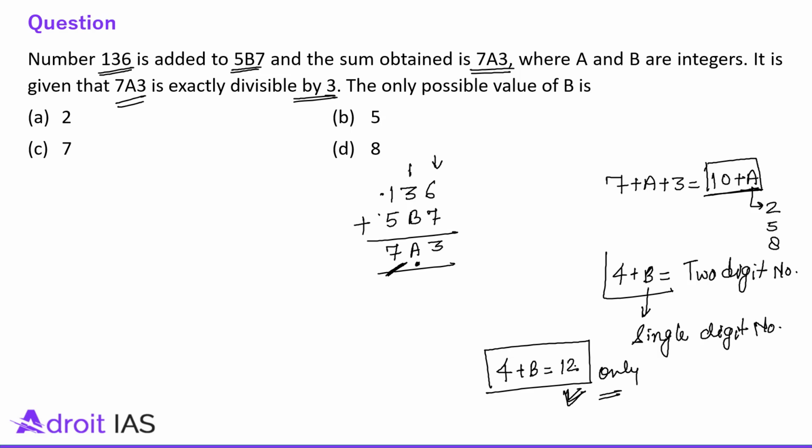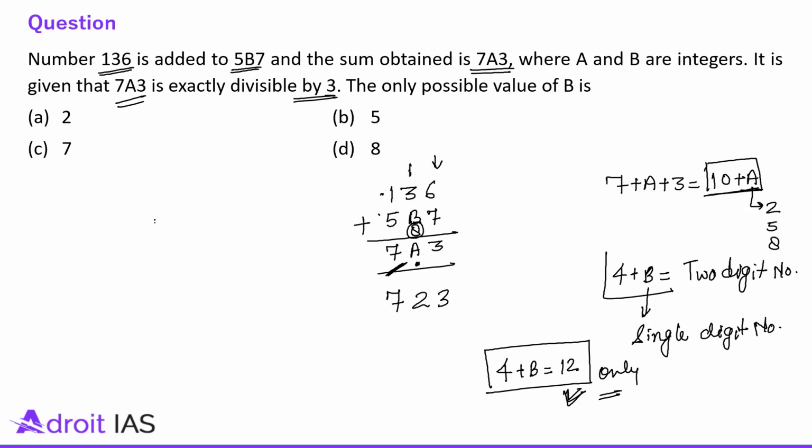Because if 4 plus b is 5, then b has to be 1. If 4 plus b is 8, then b has to be 4. So obviously 4 plus b is 12. So this is 2, 3, and b will be 8.